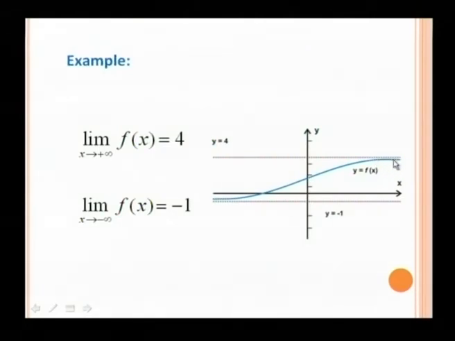For the second limit, limit x tends to minus infinity f of x, our function value tends to minus 1. So it's clear that for x tends to plus infinity and minus infinity, our function will lie between 4 and minus 1.